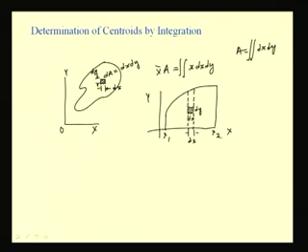For a small element, I can say that this is equal to a rectangular strip whose dimension is y. So, if I have the equation of this curve defined as, say, y equal to some function of x, then I can define a series of such rectangular strips and integrate them.